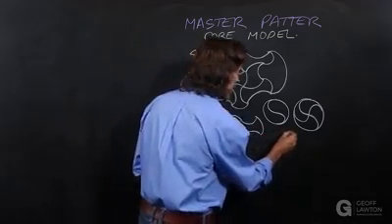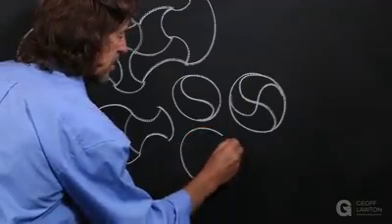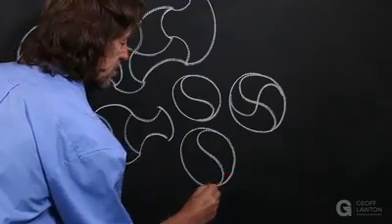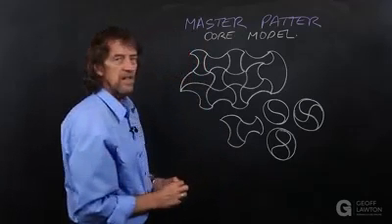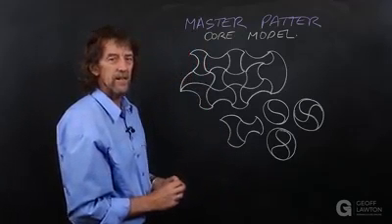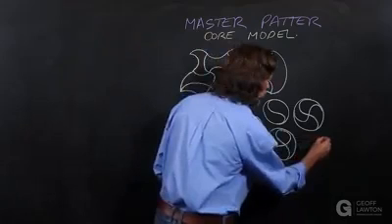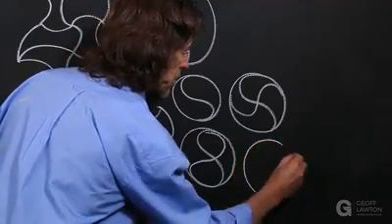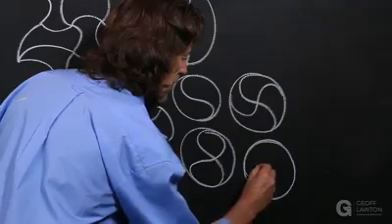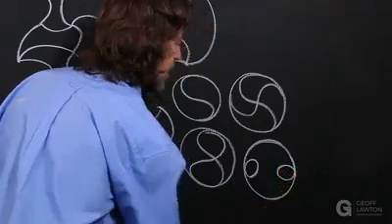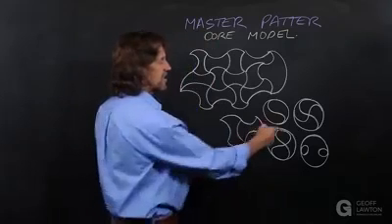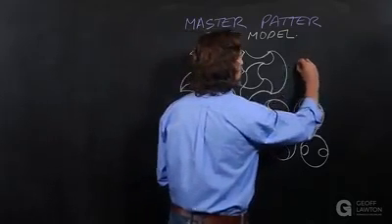And then if you go the other way and you overlay one of these, you get one of these, which is the infinity pattern. And then if you go one more, you get one of those, which is actually the tessellation.